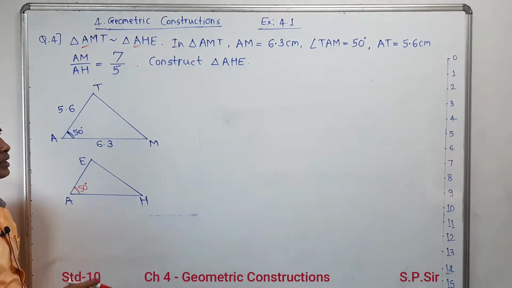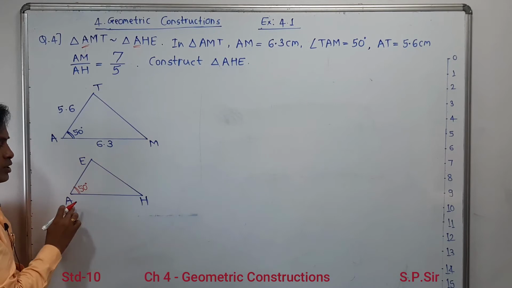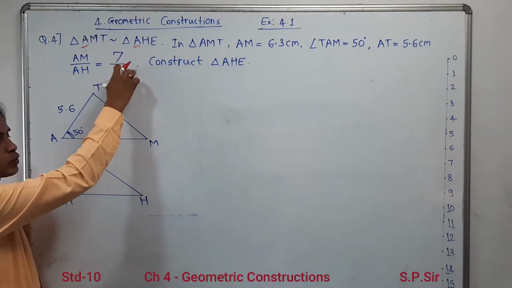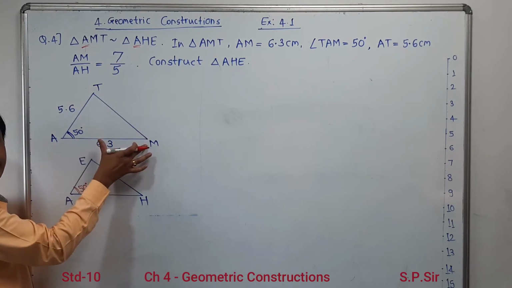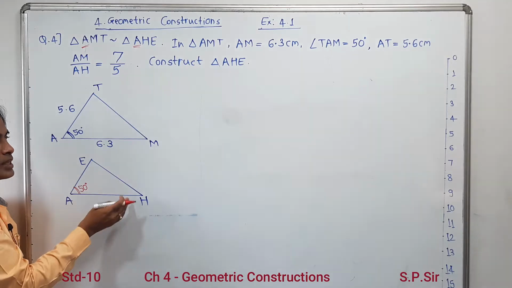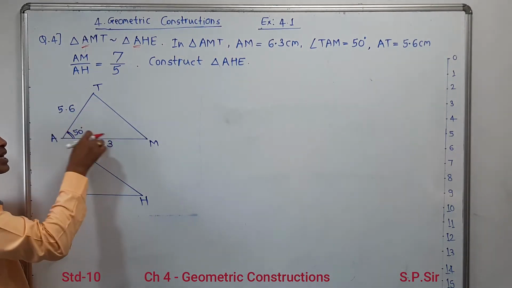And the secondary part, AM is to AH is 7 is to 5. Means if this side is 7 times, this AH is 5 times. Naturally you can say your H will be somewhere over here, and it is inside this triangle.